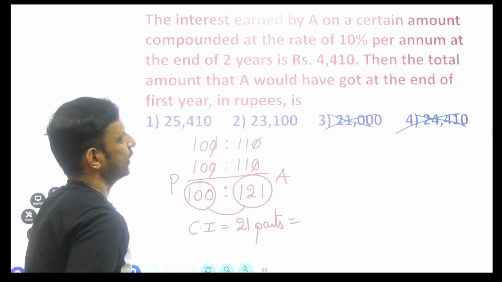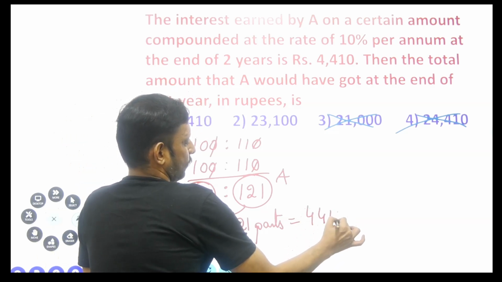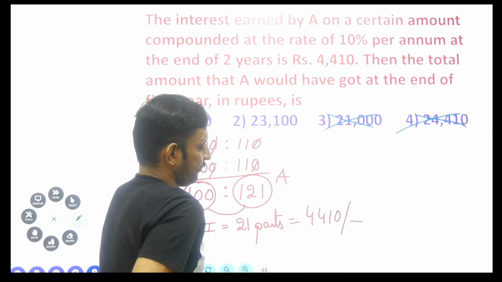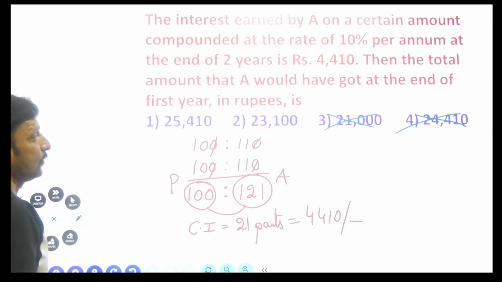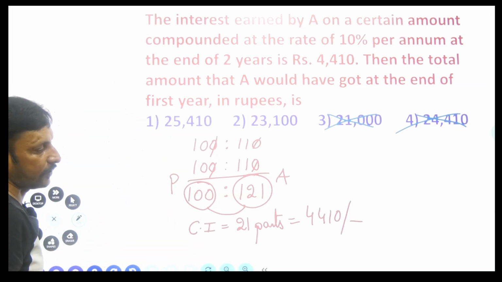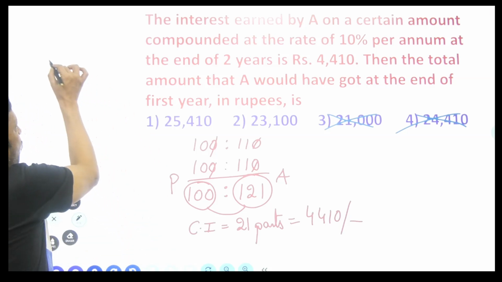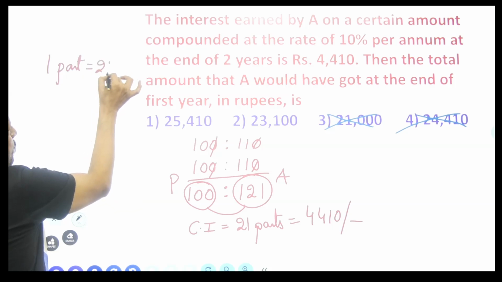And that compound interest is given as 4,410 rupees. If 21 parts is 4,410 rupees, then what is the value of 1 part? That 1 part is equal to 210.